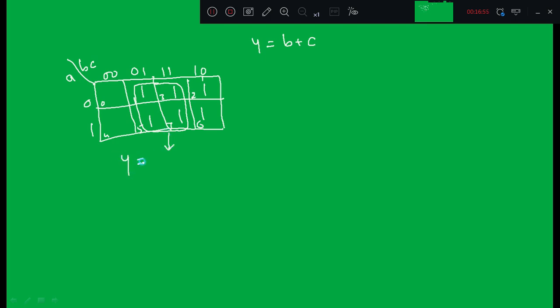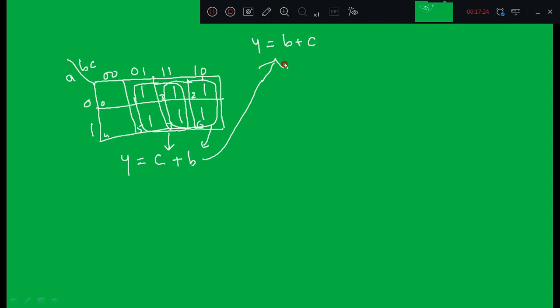A is complemented in this group so A will not come in the expression, and B is also complemented, so C. Next, these two ones can be grouped with these two ones. So the expression is B plus C, or C plus B. It is very similar to the answer we obtained from the QM method.